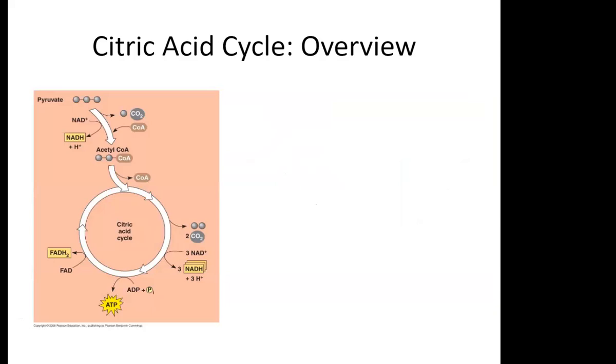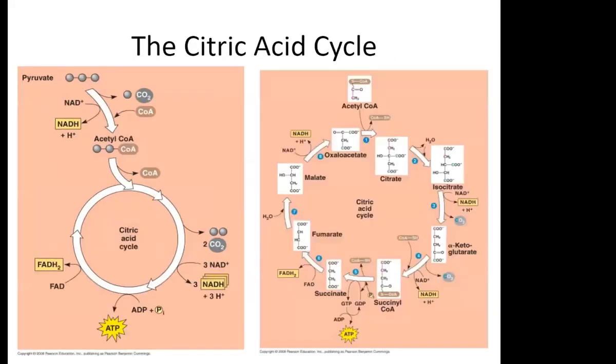So what's left over from previous reactions, oxaloacetate, over here, can join with this now energized molecule to make our first product of the citric acid cycle, which is what? Citrate, good. Which is why we call it the citric acid cycle. Okay. Does everybody get that?